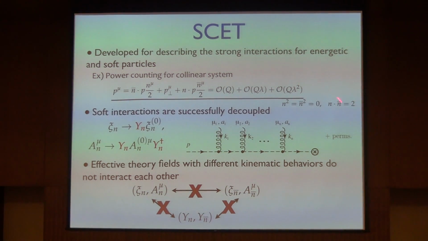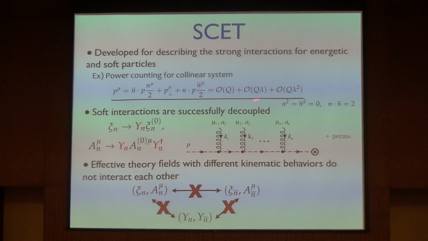Also, I wrote down this normalization condition. So if we consider the n-collinear system, the n-collinear particle momentum can be decomposed as follows. Here n-bar dot p is the largest component, p perp is the second largest component, and n dot p is the smallest component. Here we also introduced the small power counting parameter lambda.